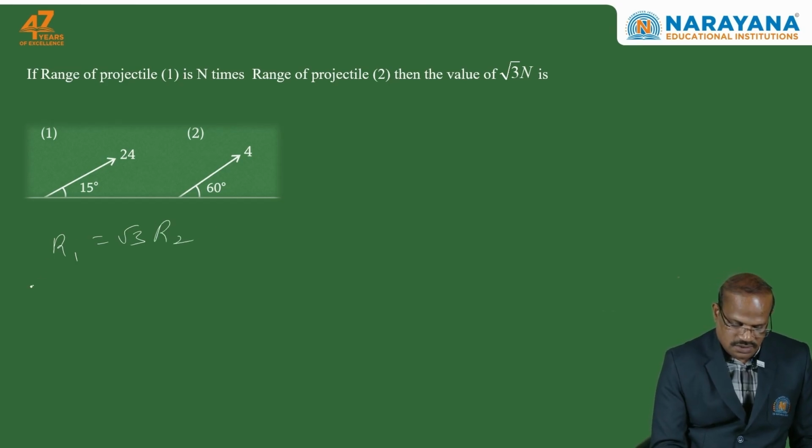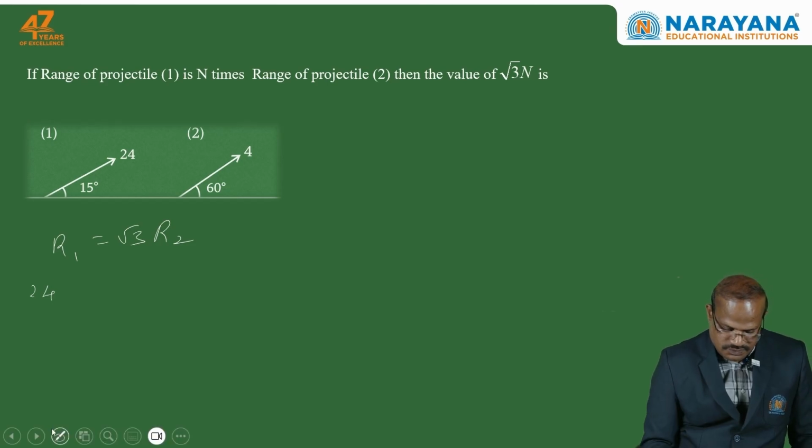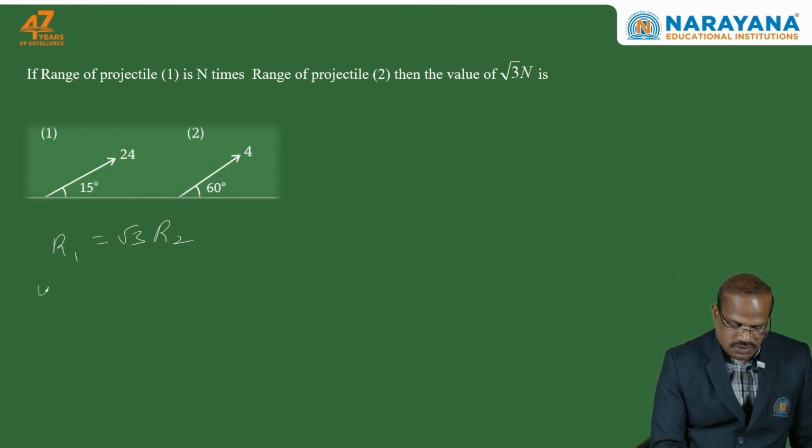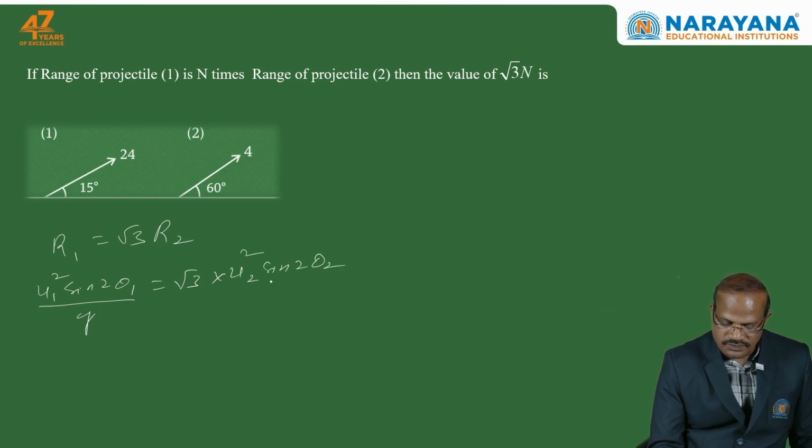R1 = U1 square sin 2 theta 1 by g, and this equals n times U2 square sin 2 theta 2 by g. So g you can cancel. U1 square is 24 square, sin 2 into 15, sin 30, this is 1 by 2.